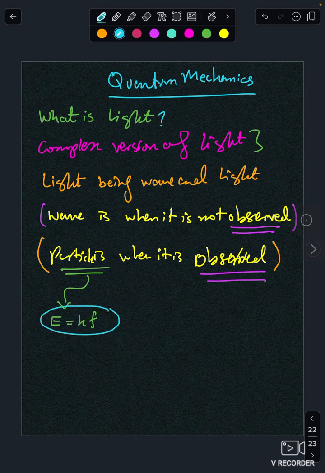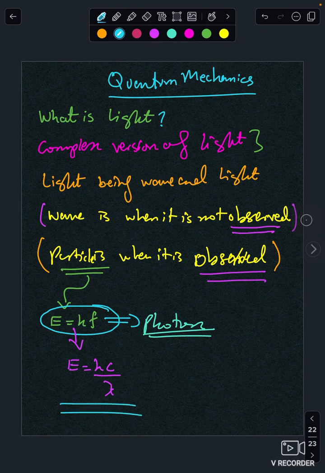In simple words we can say it's a photon, because one photon is equivalent to some kind of energy, and we can expand this equation to get E equal h c over lambda. What does this equation show? That a photon is nothing but energy which of course moves at the speed of light. It moves at this value, 3 times 10 to the power 8 meter per second.